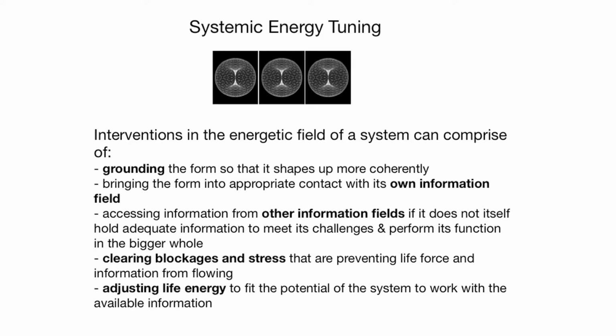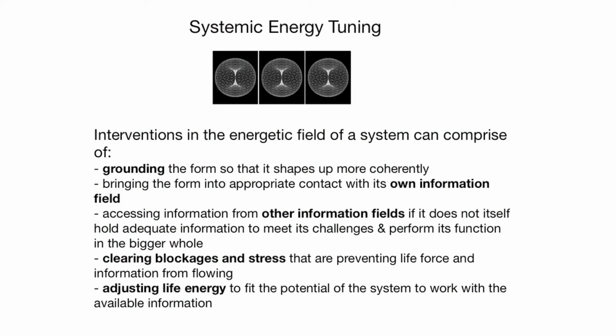Another thing we can do is help to bring the organization into appropriate contact with its own information field. So if it's got this field of information, how do we help bring that information into the system so that it enters our relational field and enters the material field and actually starts to be integrated in the practice of the organization? We can help a system to access information from other information fields if it doesn't have it contained in its own one.